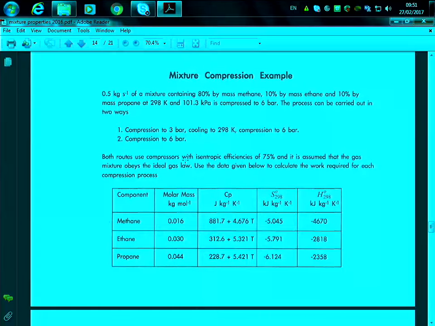So again, here you have methane, ethane, propane, and the CP and the entropies and enthalpies at atmospheric temperature. So what will be the steps that we will follow to solve these problems? First, we will find the mixture properties, the entropy and the enthalpy before the compressor, of this methane, ethane, and propane.